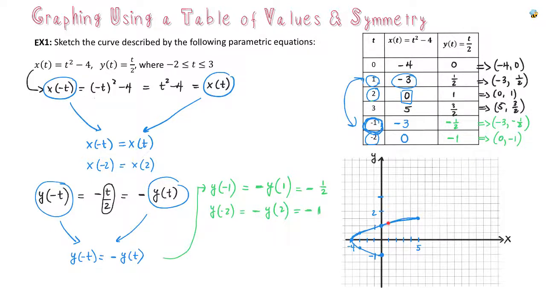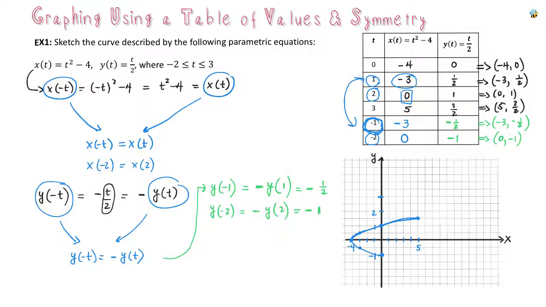The upper part of the parabola is perfectly reflected about the x-axis. If you were to fold this grid about the x-axis, the upper part should match nicely with this part over here. And the parabola doesn't go off forever to the right, and that's because t is restricted. t is between -2 and 3.